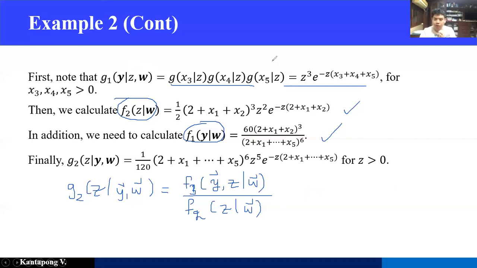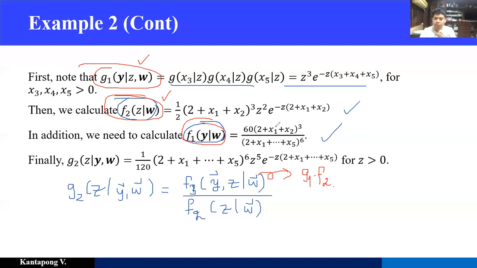We can use these 3 expressions, G1, F2, and F1, to substitute in these expressions, okay? Because we can, let's say, multiply this one with this one, okay? So this one can be decomposed to G1 times F2.